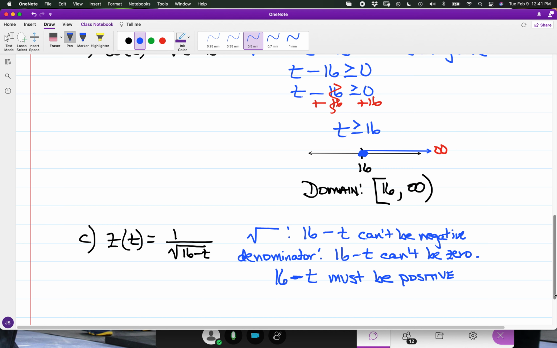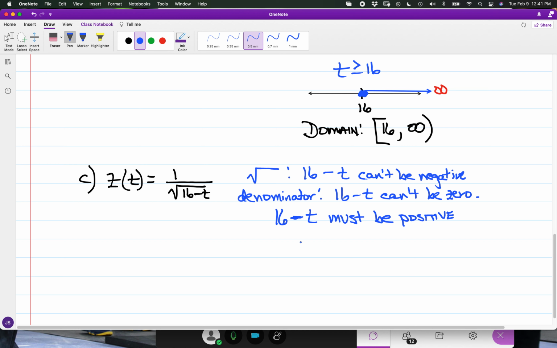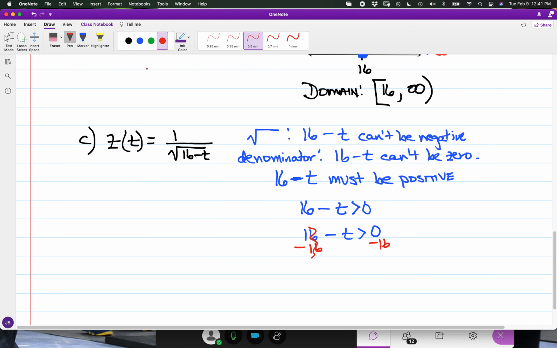So 16 minus t, whatever we have in the difference, must be a positive value. Setting this up in inequality terms, positive means greater than 0. So we have 16 minus t is greater than 0. And if we isolate the t term, subtracting 16 from both sides, we're going to have negative t is greater than negative 16.